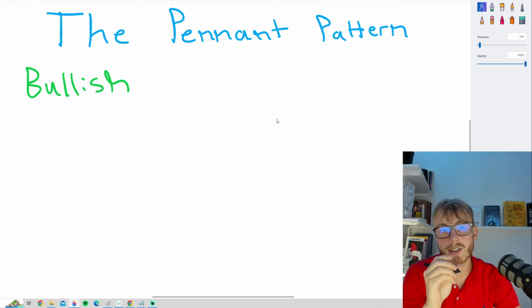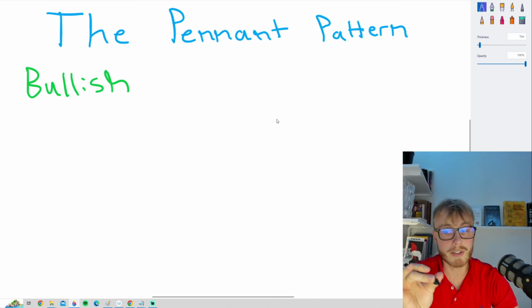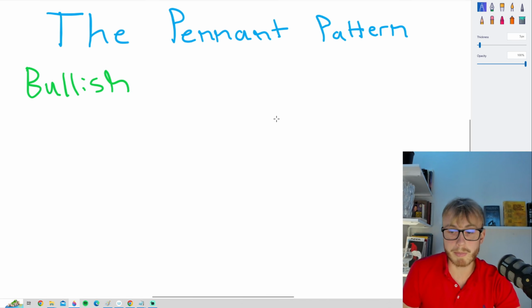Now guys, let's take a look at the pennant pattern. This is yet another pattern that appears so often here in the market, so this one you just have to learn about. Super important. Let's start here by taking a look at the bullish version. This one is pretty similar again to the bull flag. It starts with an impulsive move towards the upside, and the price starts to go down here.